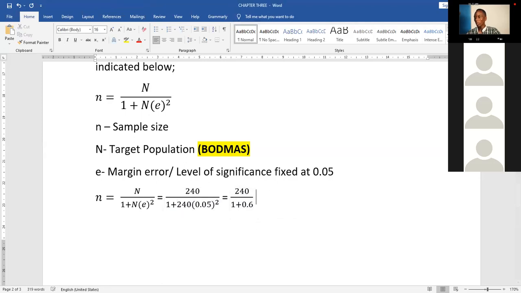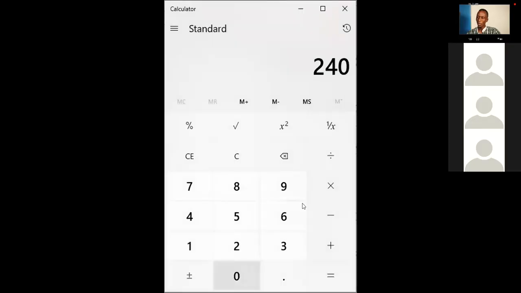Then after that, we are going to get 0.6 plus 1. When you get 0.6 and you add 1, it becomes 1.6. So let us get 240 divided by 1.6. Let me go back to our calculator and see what you get. 240 divided by 1.6.